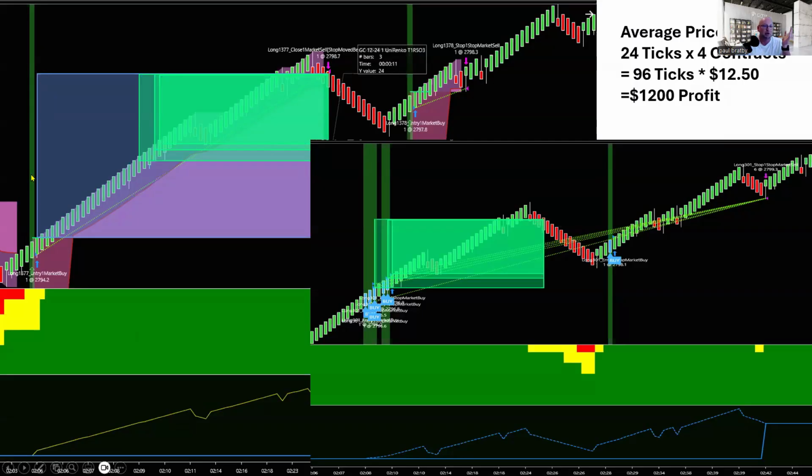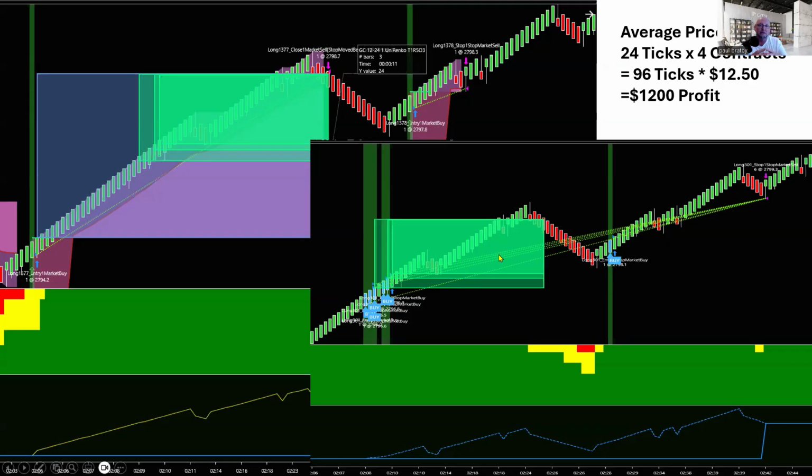So that's that blue square, that whole move on the VWAP Predator. But this thing just keeps going. So why can't we add some more contracts to that if momentum's going? So this little inset here is where we add more contracts. We add 1, 2, 3, 4, maybe even later on 5 contracts here to this move.